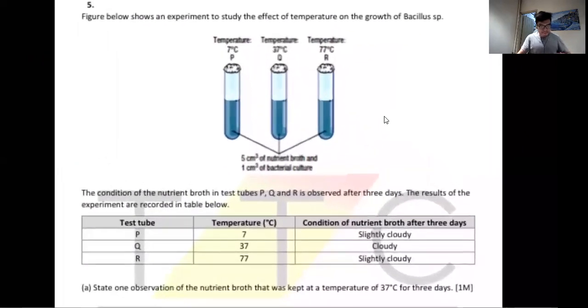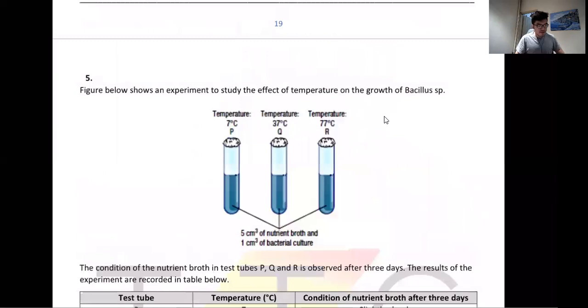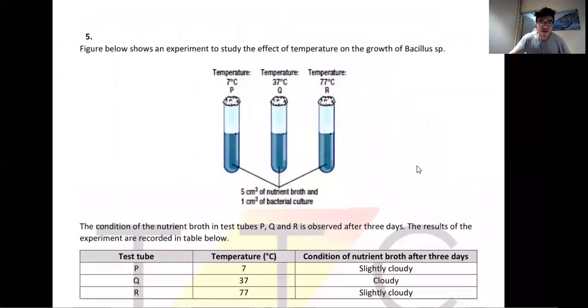Question 5, this is page 20. Yes, Larvin, good morning. We are at page 20, and we just started on the exercise.